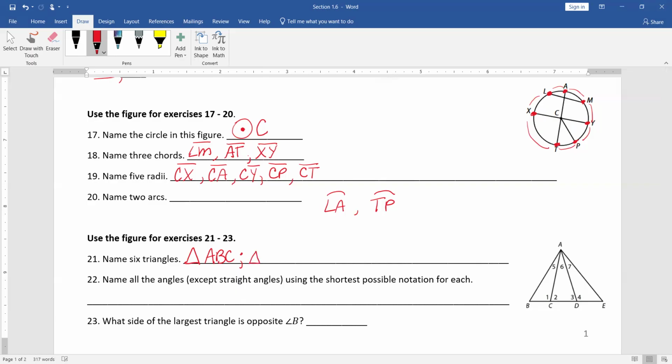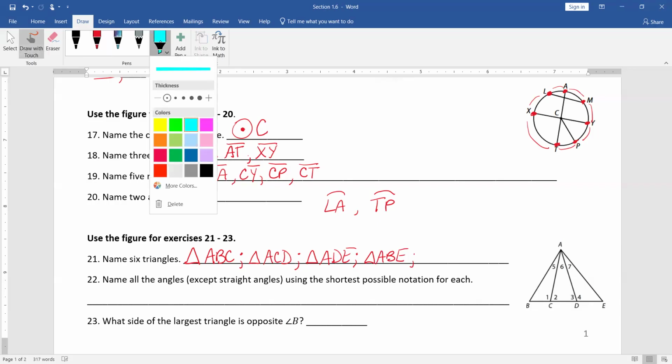We also have triangle ACD. We have triangle ADE. There's 3. I have the big guy, ABE. That covers the whole thing. And then I also have these 2 that kind of overlap a little bit. Let me just show you.